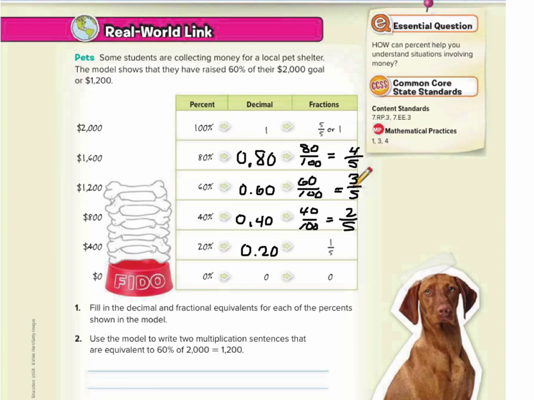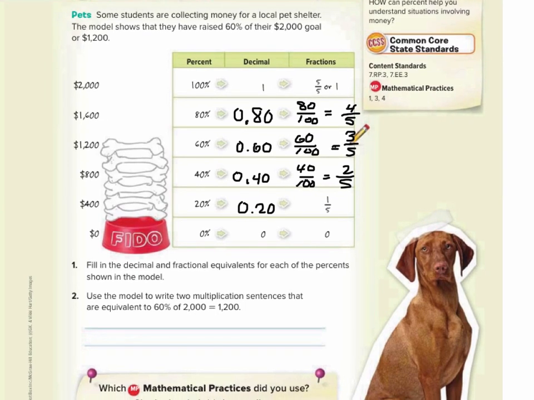So use the model to write two multiplication sentences that are equivalent to 60% of 2,000 equals 1,200. Well, we could use the decimal form and write 0.60 times 2,000 equals 1,200.